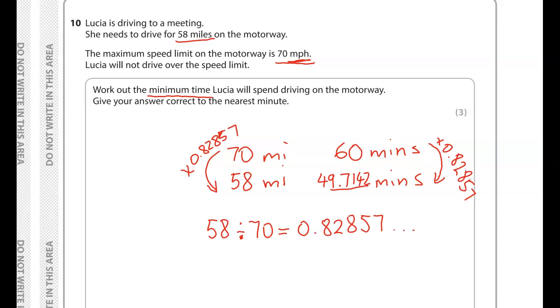We've got to give the answer correct to the nearest minute, so to the nearest whole number. So that means we need to get rid of the decimal point, looking at the digit next to the decimal point on the right, that is a 7. So we're going to round this to 50.